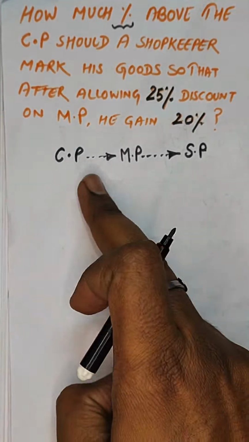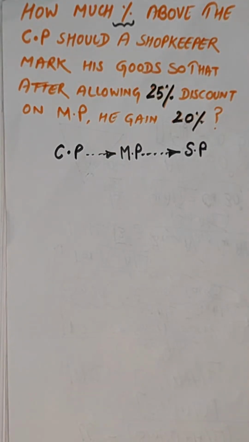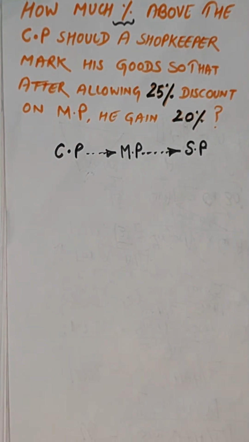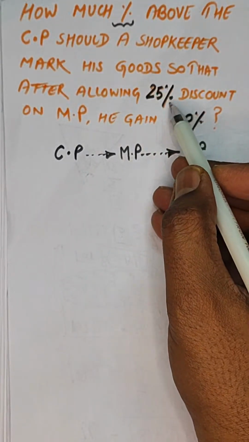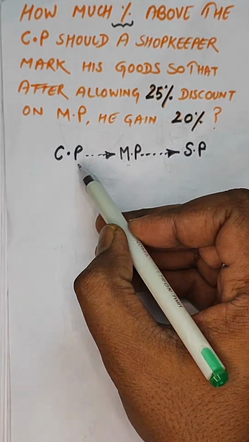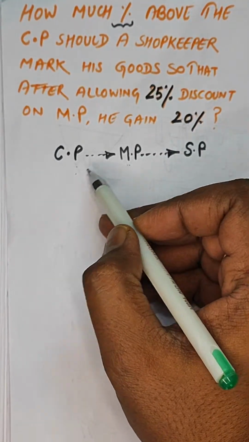So this concept you need to understand. Almost every shopkeeper does this to make a profit. So the question here is that he is giving a discount of 25% on MP, not the CP, on the mark price, not on the cost price.